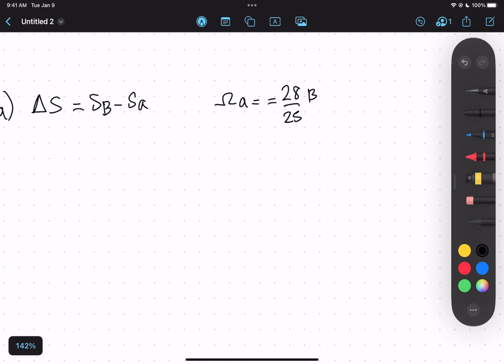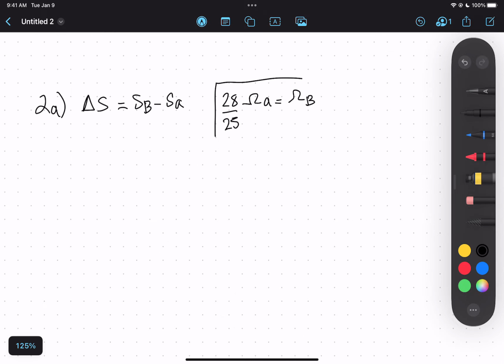Hold up, let me read that again. B has, okay, no, I got that the other way around. So B is 28/25 times as big as A, right? And so this is pretty much the key to solving this, I think.